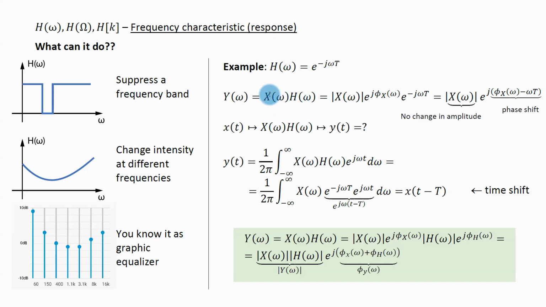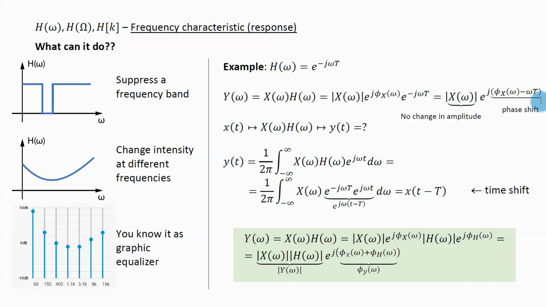So my spectrum has magnitude and phase, so I can write it like this, magnitude, phase, and here I multiply it with my frequency response. And what happens? Well, when I combine these two exponentials, I will get this formula. And here you can see that I will retain my magnitude spectrum. There will be no change in magnitude, but there will be phase shift. So this frequency response will introduce phase shift.